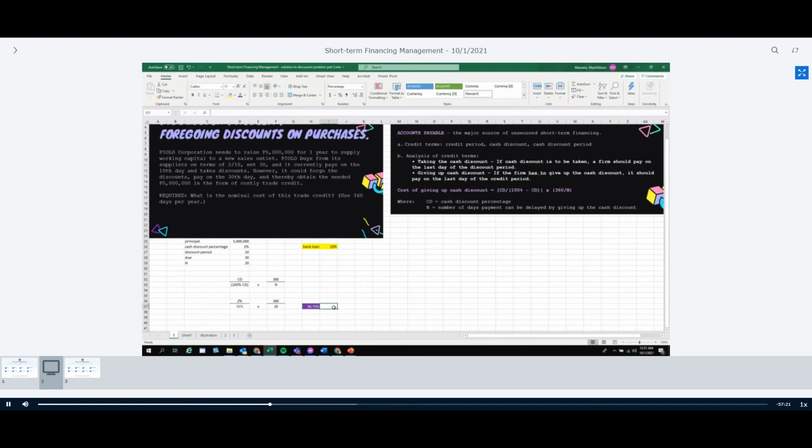So, meaning it is best for Piolo to go to the bank and loan 5 million pesos for the working capital requirement for the new sales outlet rather than to forego the discount on purchases because effectively we are losing 36.73%, which is higher compared to the bank interest loan.